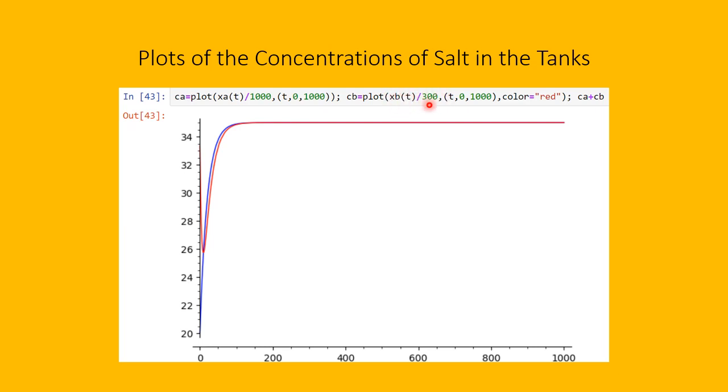We'll plot that also, t going from 0 to 1,000, and this one will be red. By default, this first graph will be blue. And then we're going to show as a graph Ca plus Cb. We're going to combine the two plots on one graph.